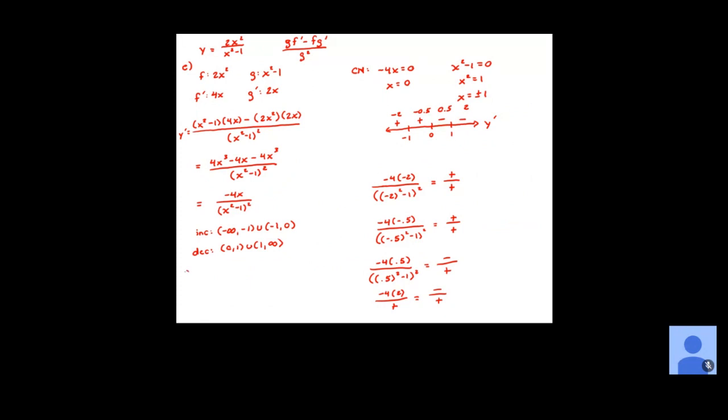All right, now part F is mins and maxes. Okay, so do we have any min or max values based off of what we see here now?